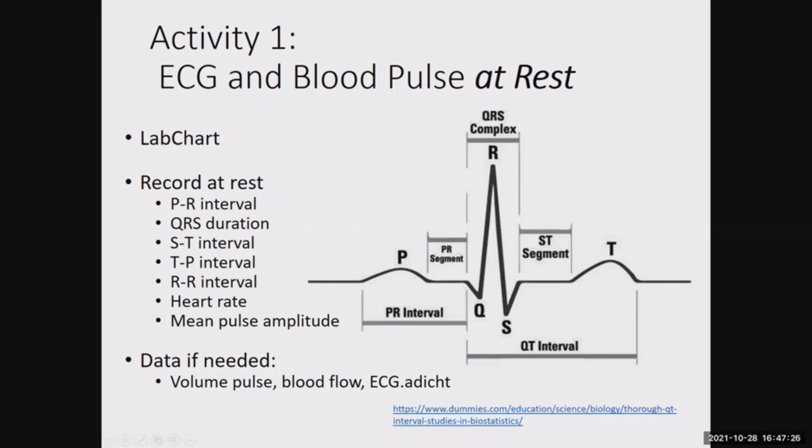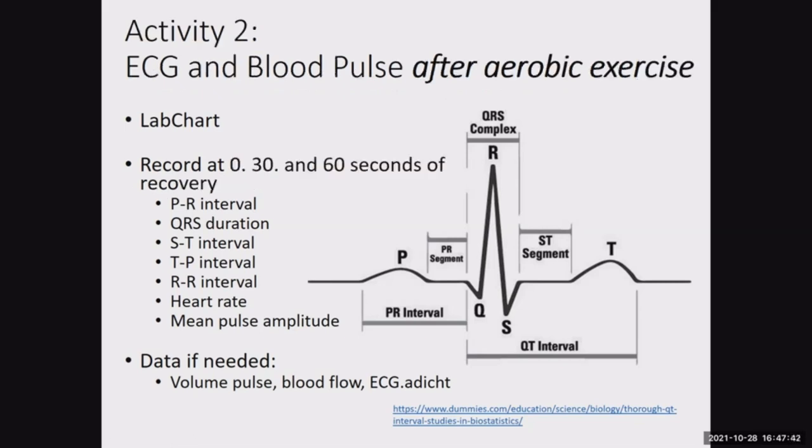Again, if there are problems with the data, your lab instructor may tell you to use the mock data that's available on Canvas. Once you've been able to get good readings at rest, you're going to have your subject exercise like we've done before, and then come back for the second activity. In the second activity, we're basically going to do the same thing we did the first time. Don't pull off the electrodes; maybe unplug them and let the subject hold the lead as they're exercising.